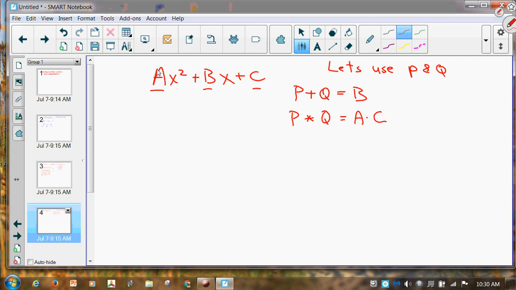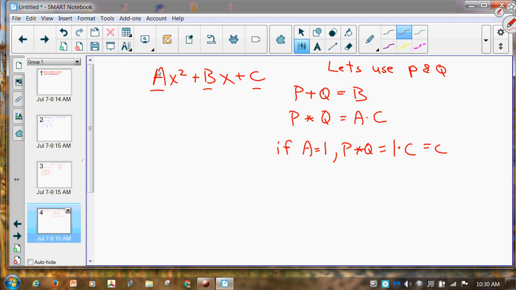Now, what we're going to do in this one is use the condition that A equals 1. Okay, so if A equals 1, then P times Q equals 1 times C, which is equal to C. So we can drop the A term if the A coefficient is equal to 1.